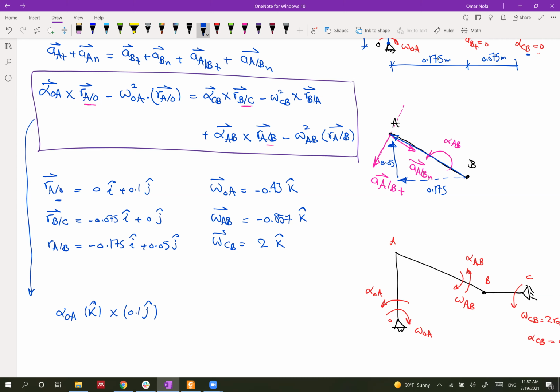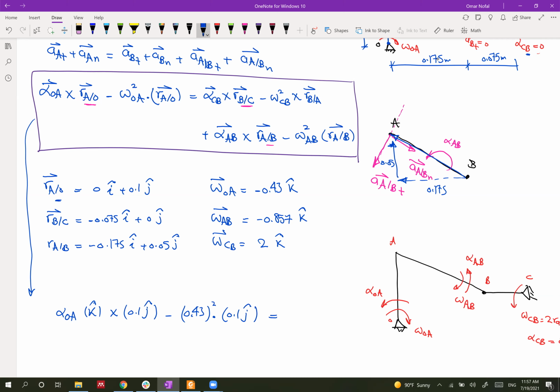Then minus omega OA squared, where we only need the magnitude, so it will be 0.43 squared, multiplied by RAO, which is 0.1 in the J hat direction.